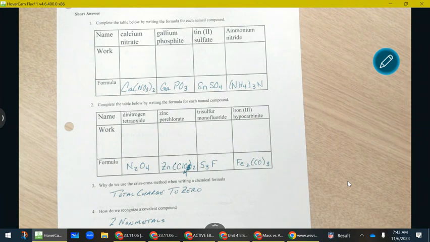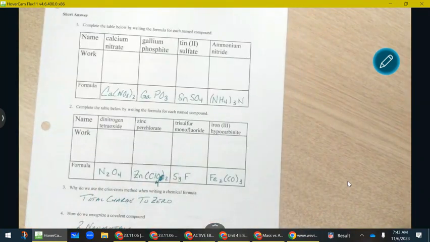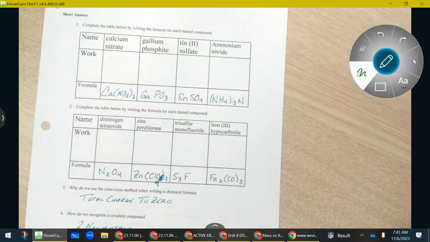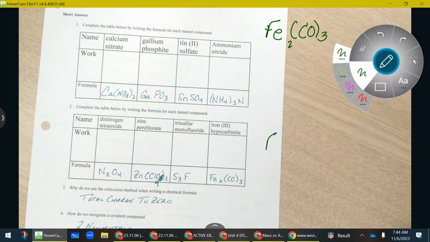Yes? Wait, so why do you put the parentheses around this? You put the parentheses because what the parentheses do is say, I need 2 of these groups. Yeah, but for the CO? Because I still need 3 of these groups. If you write down Fe2(CO3)3 and Fe2CO3, there is a difference.